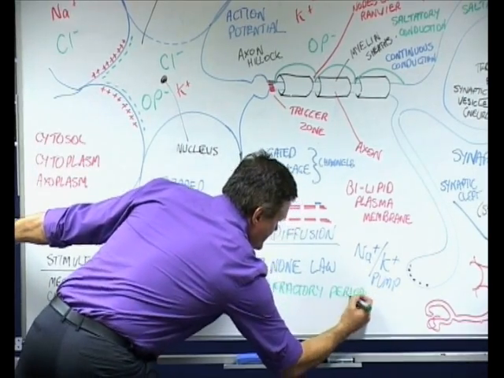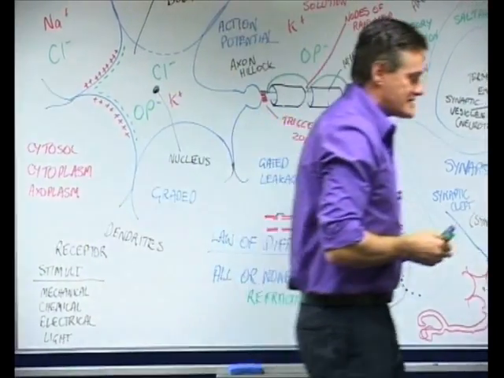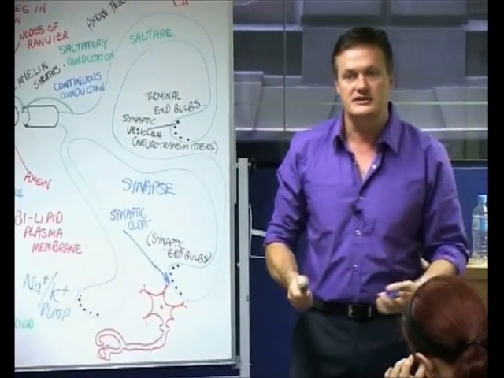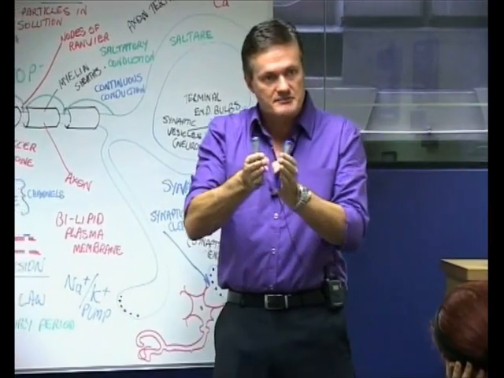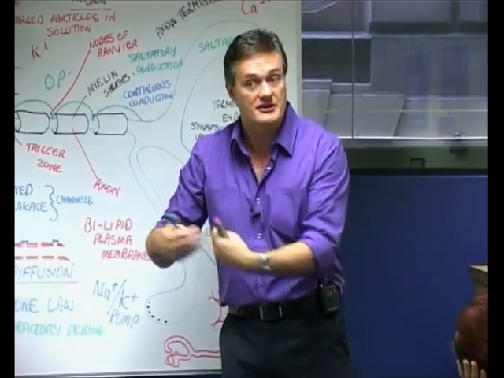And the refractory period, again, is basically the recovery time for the membrane. The time that it takes for the membrane to be restored to a state where it can take another action potential.